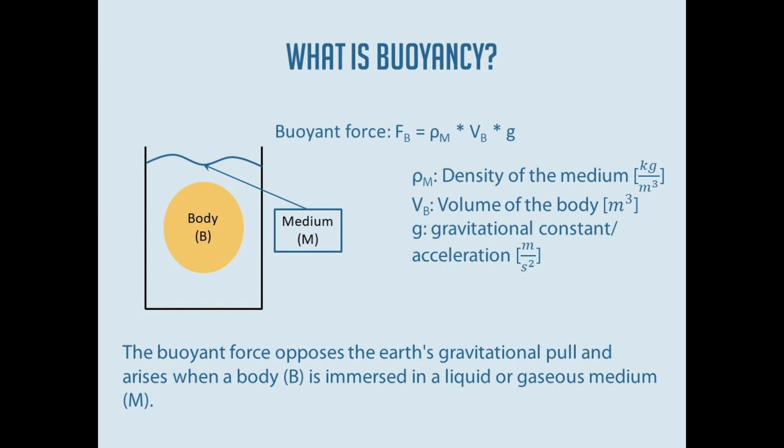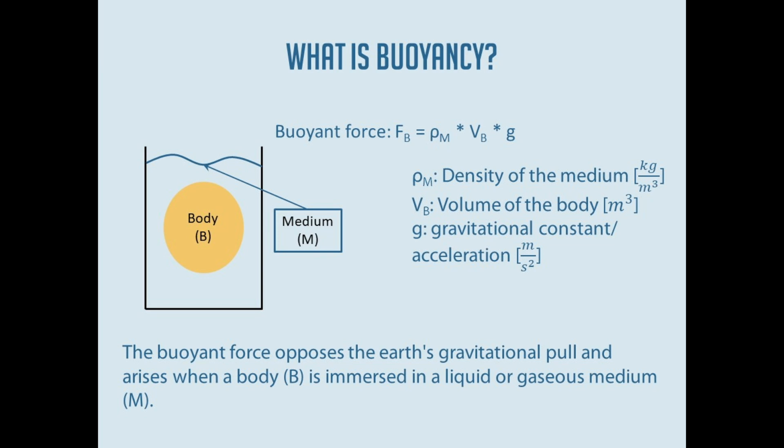V is the volume of the body of which we are considering the buoyancy, for example, the space occupied by the balloon. And G describes the gravitational constant or gravitational acceleration, a value that represents the gravitational pull of our planet. We'll look at everything in detail in a moment.